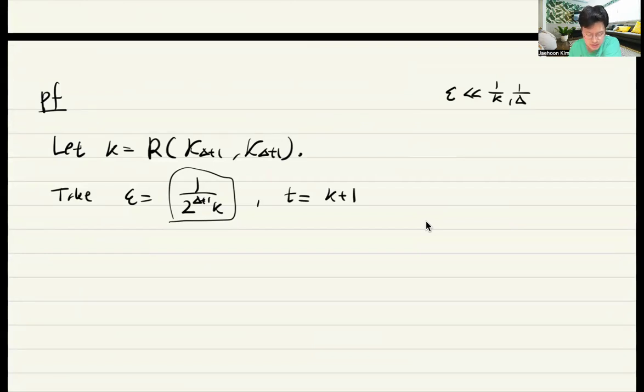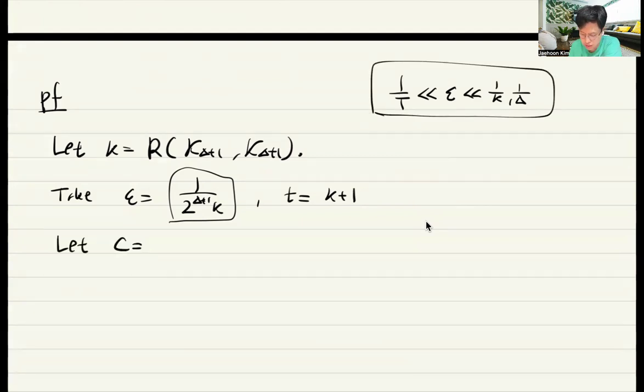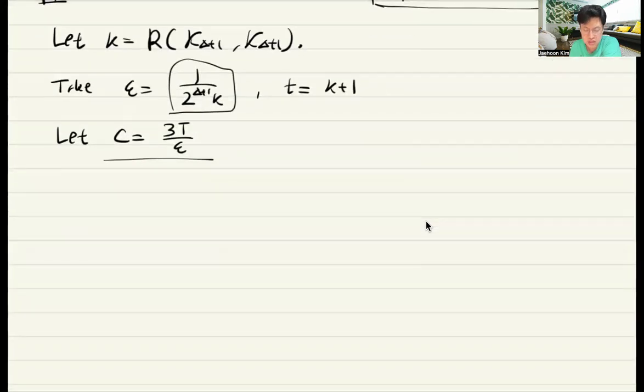And let's say you take small t, and let C be 3 times t over epsilon, a large constant.